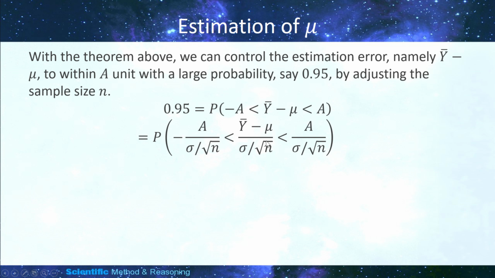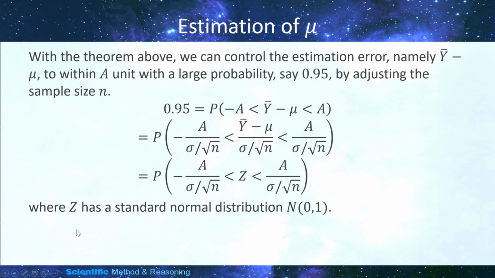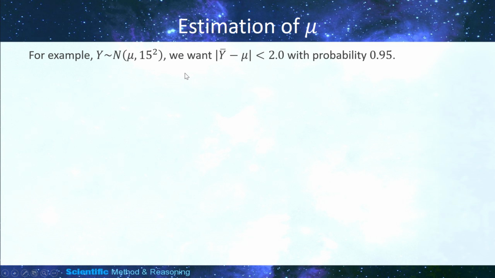But notice what we have in the middle. This is equivalent to a standard normal random variable because this is just a Z transformation. So we replace this quantity by Z, indicating that Z follows a standard normal distribution. This looks very familiar because we have probability content 0.95 with a standard normal random variable.